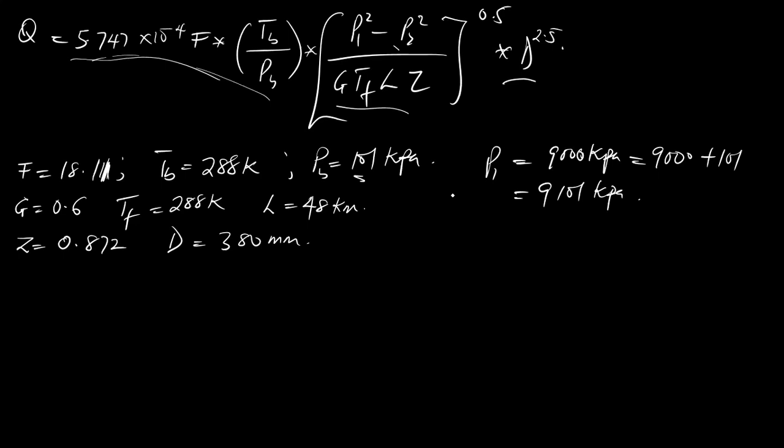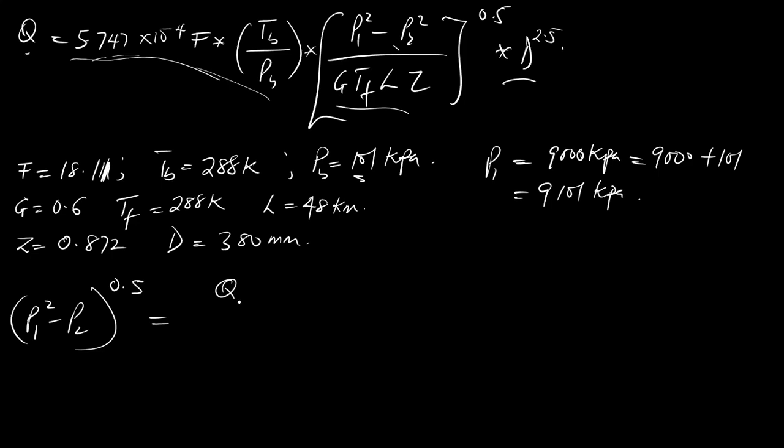Now if we do that, we're going to have P1 square minus P2 square all raised to power 0.5 equal to, now if you look at this, this is dividing this. So if it goes to this side, it becomes multiplication. You're multiplying this with this.